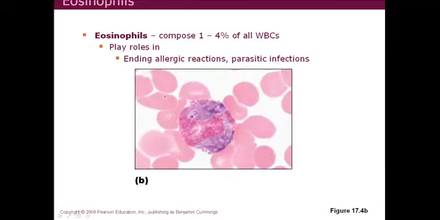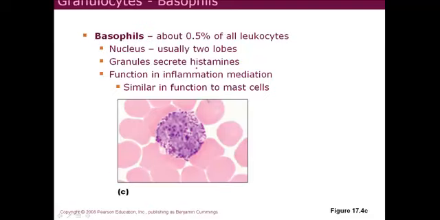The next one is the eosinophil. This is only 1% of all white blood cells. This reacts to allergies and parasites. And this picks up more red stain and has a large nucleus. Basophils are 0.5%. The nucleus usually has 2 lobes. It's hard to see in this particular cell.